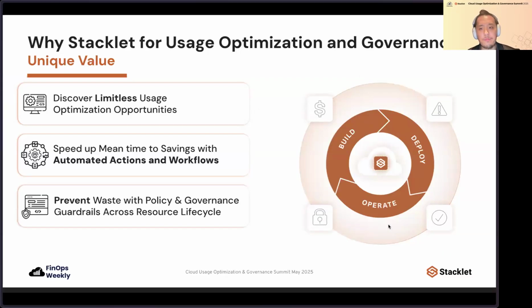And finally, the preventive piece. Stacklet has these policies, right, which can go and look at all of your resources at one time and determine which ones are compliant or non-compliant and then take action.